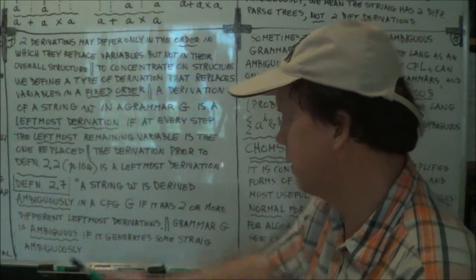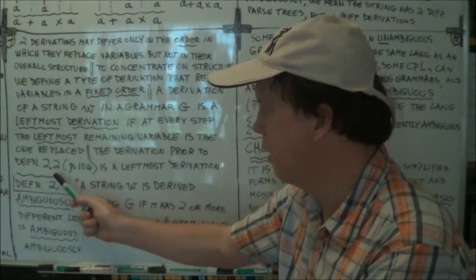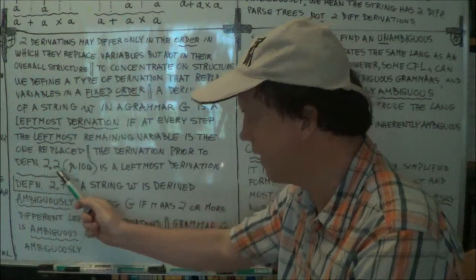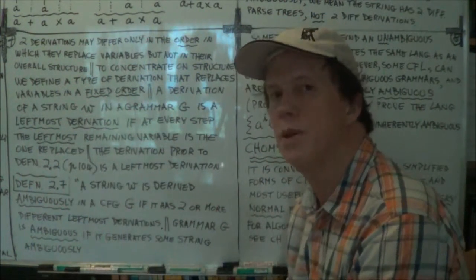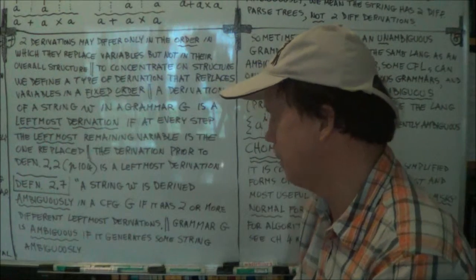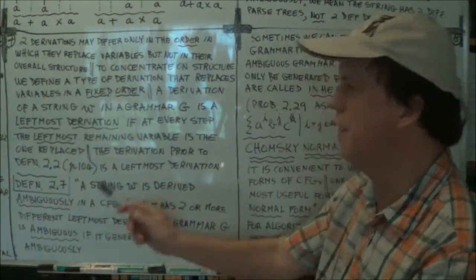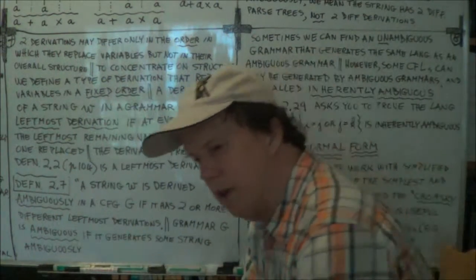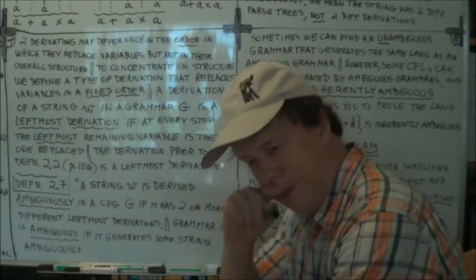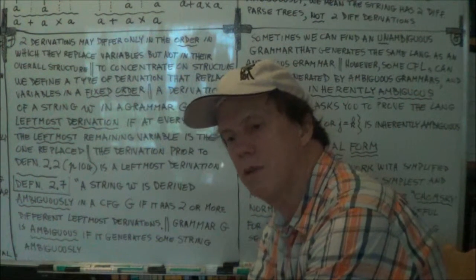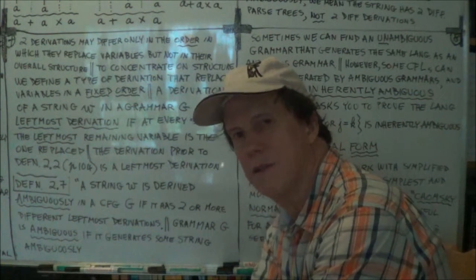Right, now if you go back to the definition on page 104 of your text, definition 2.2, that was an example of leftmost derivation. Right? Now even if you use leftmost derivation, you can still get the same string with two different parse trees, and that's ambiguity.